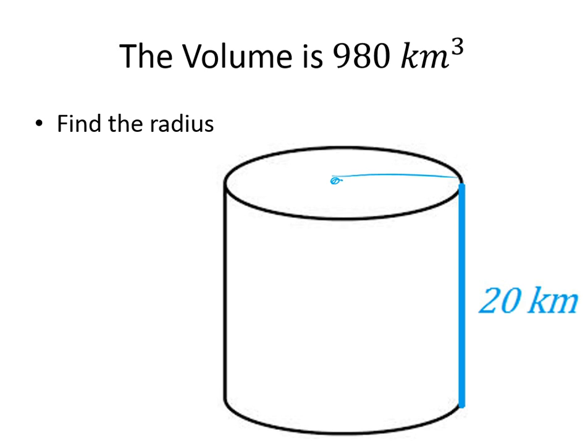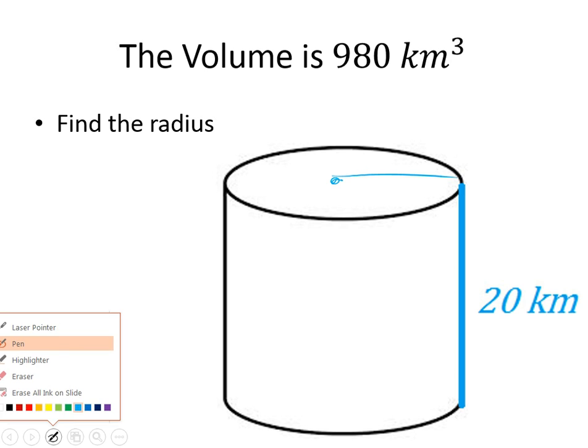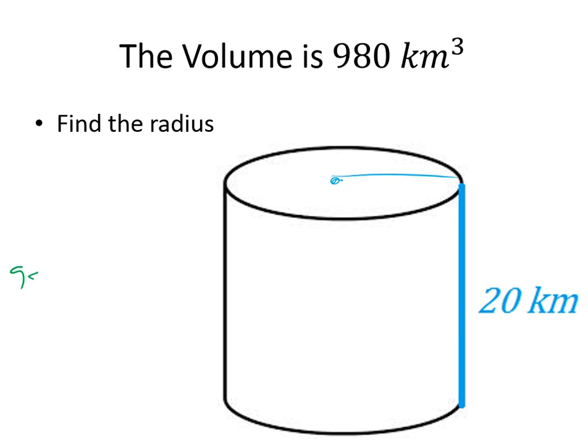So with the formula, we know that 980 is equal to the area of the base times 20. We're going to divide by 20 on both sides, and that gets us 49, I believe. 49 is equal to B. Well, what does B equal?